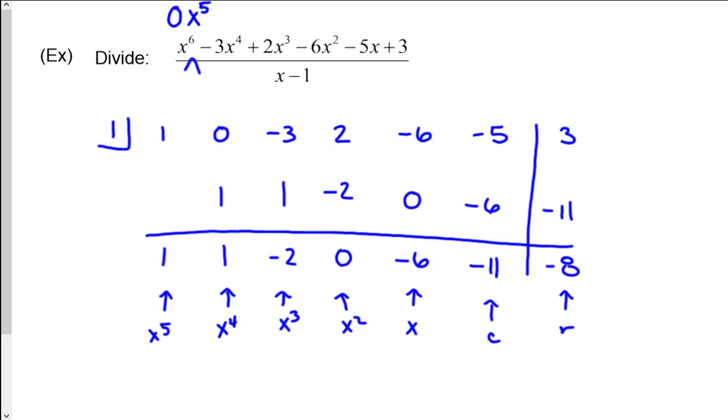So my final answer here, after division, is x to the 5th plus x to the 4th minus 2x cubed, the 0x squared, I can leave x squared off, and it's going to be minus 6x minus 11 minus 8 over the original denominator of x minus 1.